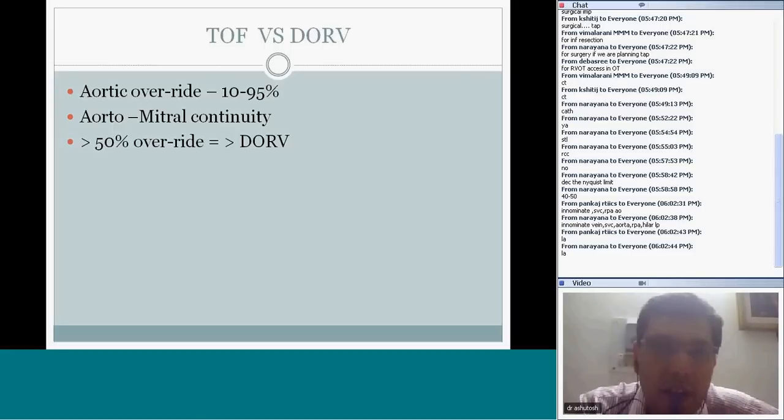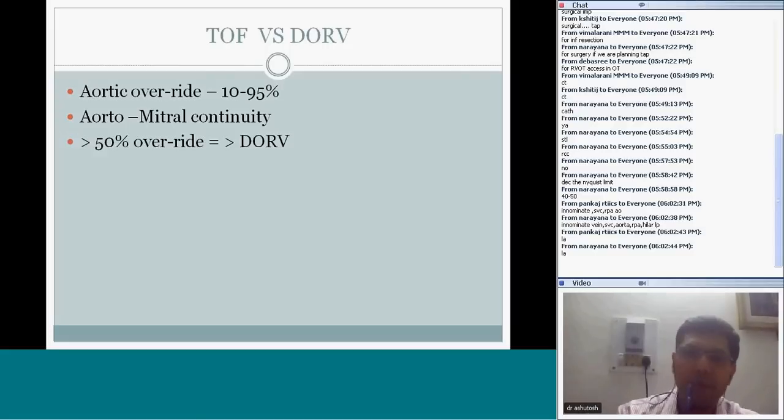We've already talked about aortomitral continuity or discontinuity. Here again, what we follow in our institution is the 50% rule. If it is more than 50% override, we can label it as double outlet right ventricle. We do not look at the small tissue or muscle present between the mitral and aorta.